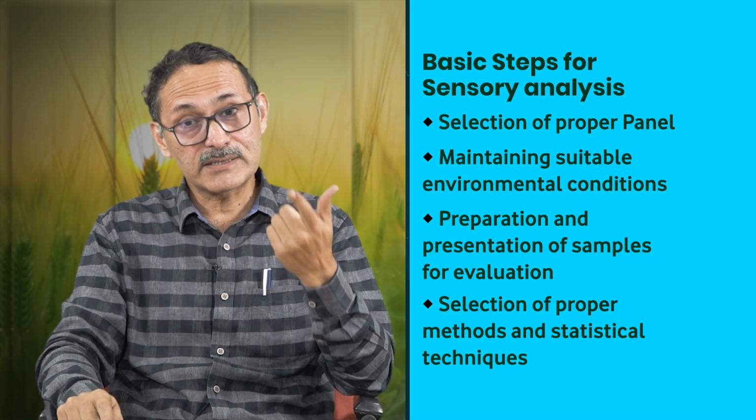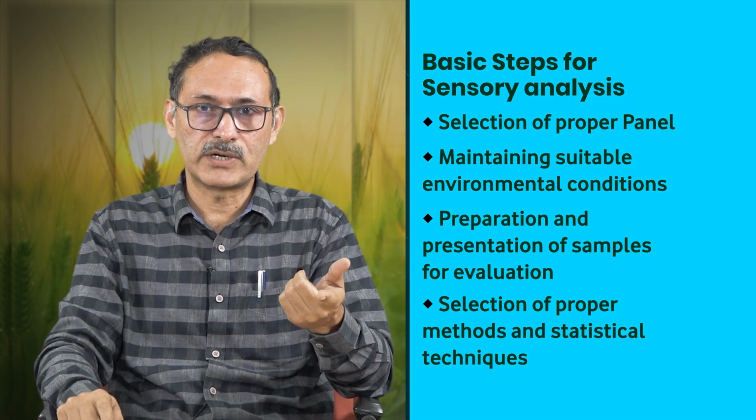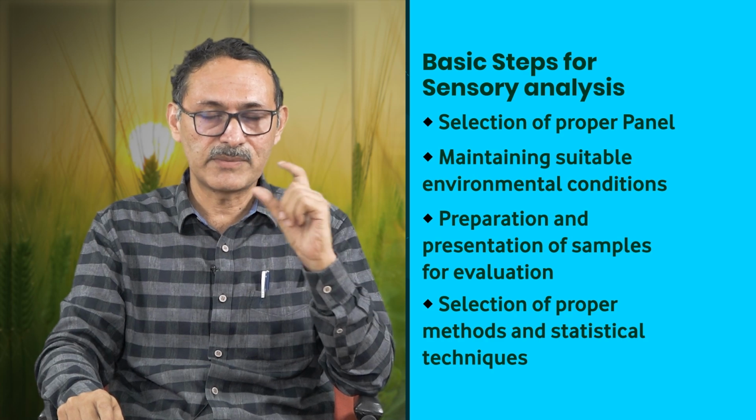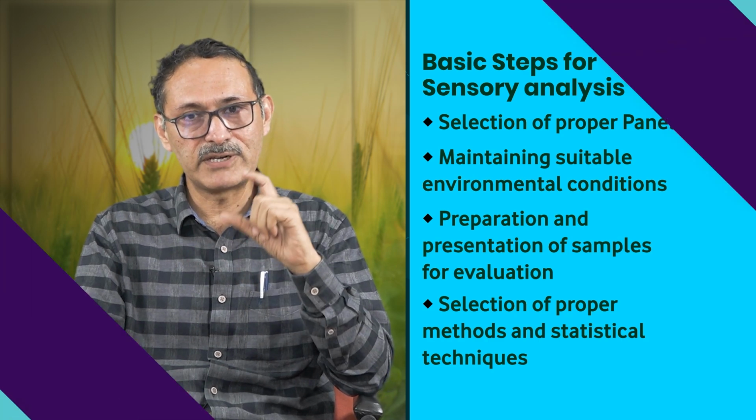So it should be an environment especially designated for sensory tests, not influenced by light or reflections, or anything which can influence the mood. Selection of the proper method and the statistical techniques are equally important. As it was part of the definition in the beginning, where I mentioned interpretation, interpretation is done through the statistical technique.